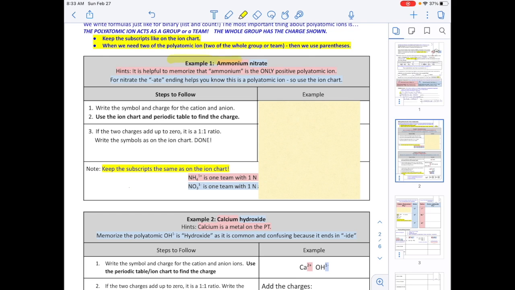I'm reading in the top box, ammonium nitrate. Hint, it's helpful to memorize that ammonium is the only positive polyatomic ion. And for nitrate, the ate ending helps you to know that it is a polyatomic ion, so we use the ion chart. So the first step is to write the symbol and the charge, just like in 3.4, only this time we have these polyatomics.